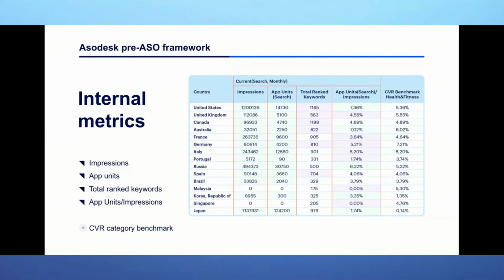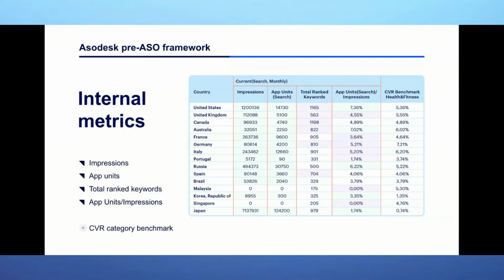So those are not exact numbers because we don't have access to this information, but we calculated this according to the ASO desk algorithm. So this is rather data augmented calculation, not real data.